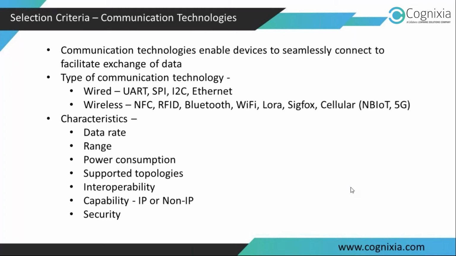SPI was invented by Motorola. We have Ethernet, which has been there for years and has been helping not only your computers to connect to each other, but also helping you build industrial networks of machineries. On the industrial side, we call it industrial Ethernet.